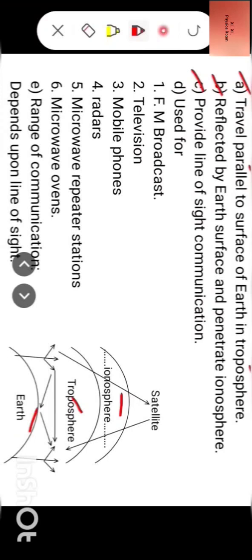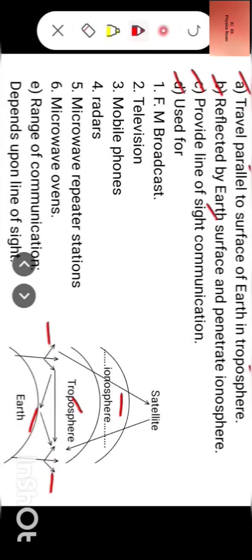C. Space waves provide line of sight communication. Line of sight means the transmitter aerial and receiving aerial must see each other directly or indirectly.